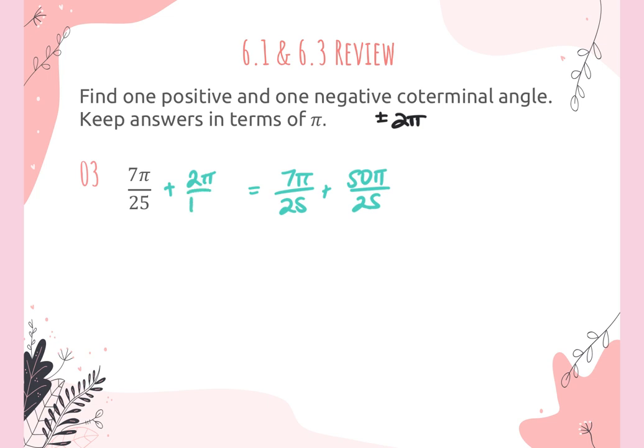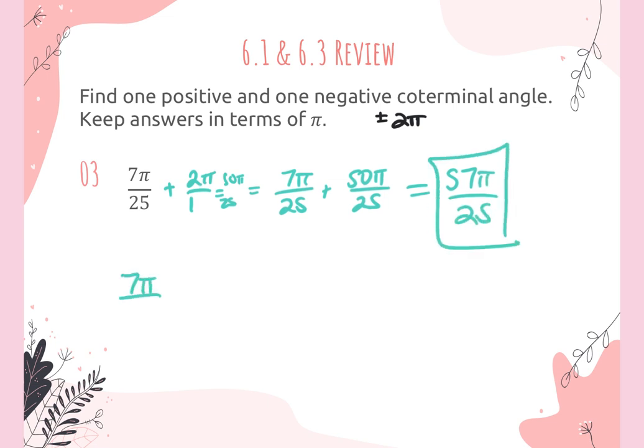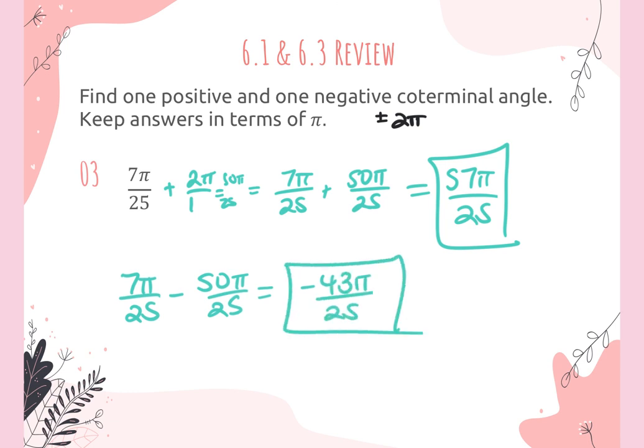So if I have to put this over 25, then it's 50 pi over 25. Some of you ended up adding pi over 25, so just be really careful, or 5 pi over 25. This would be 57 pi over 25. That would be your positive coterminal. And then 7 pi over 25 minus 2 pi, or 50 pi over 25, is negative 43 pi over 25. And that's your negative coterminal angle.